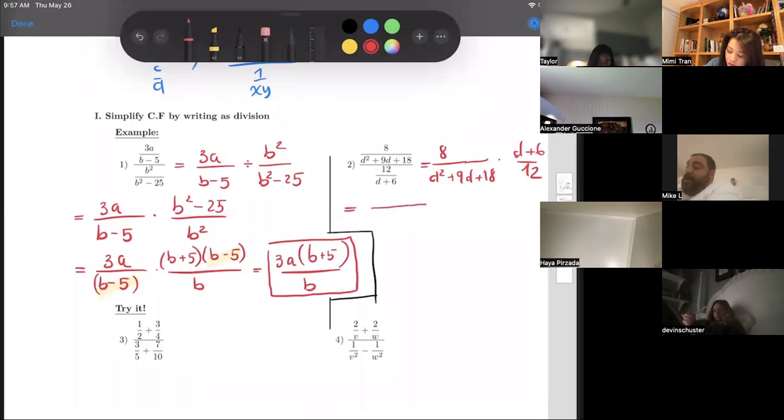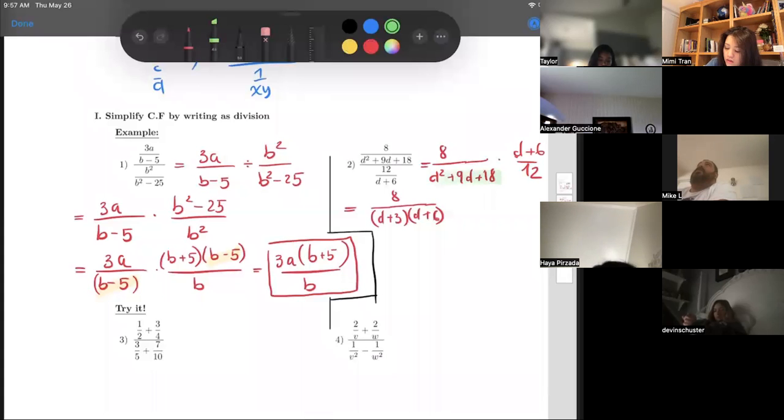Factor. Again, factoring is very important. D squared plus 9d plus 18: is it factorable? Yeah, 6 and 3, right? So d plus 3 and d plus 6.